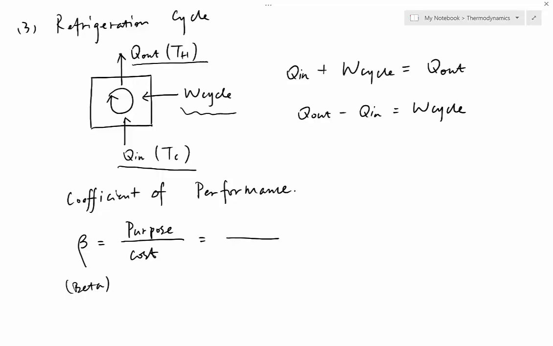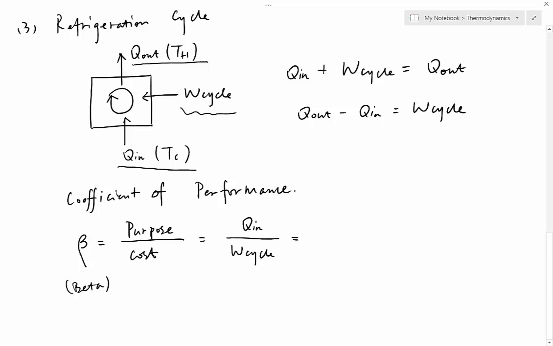If you want to keep your refrigerator cool, you have to take away the heat released by the food. Which one is taking away the heat from the food inside? Q in. Q in is the heat released by the food inside. So to keep it cool, you have to take it away. That's Q in. Okay, cost. What do you pay for the refrigerator to work? We pay electricity, and that is W cycle.